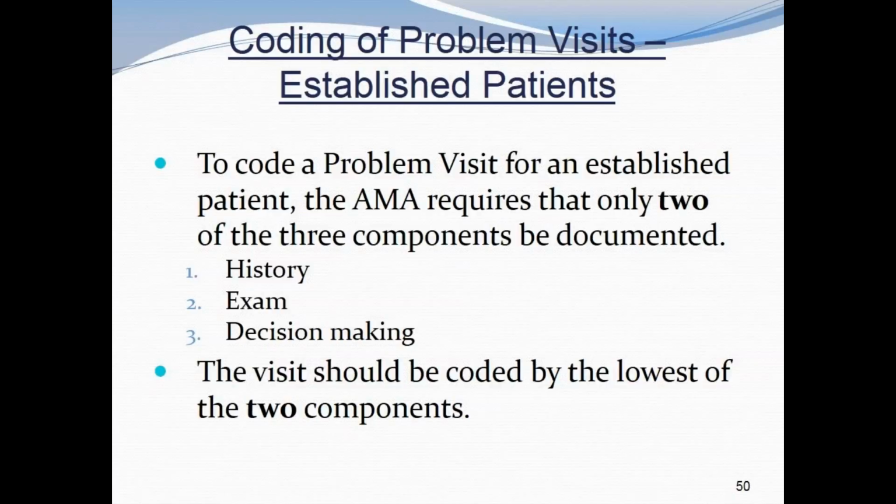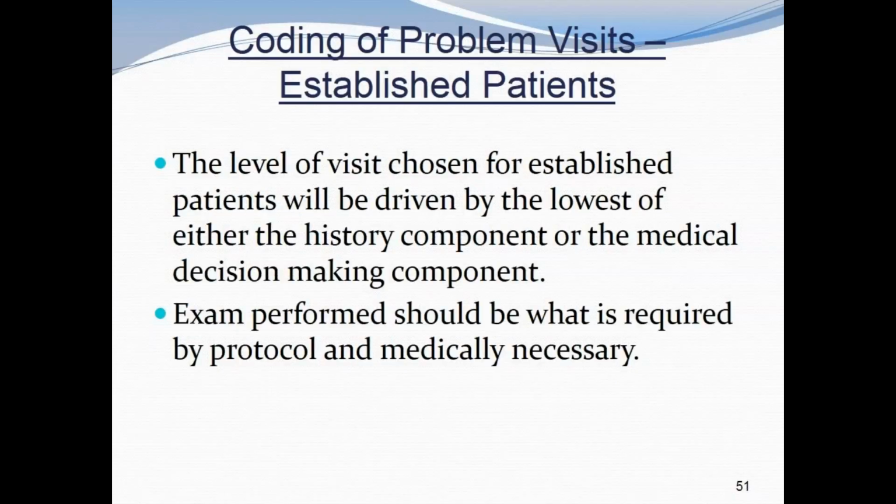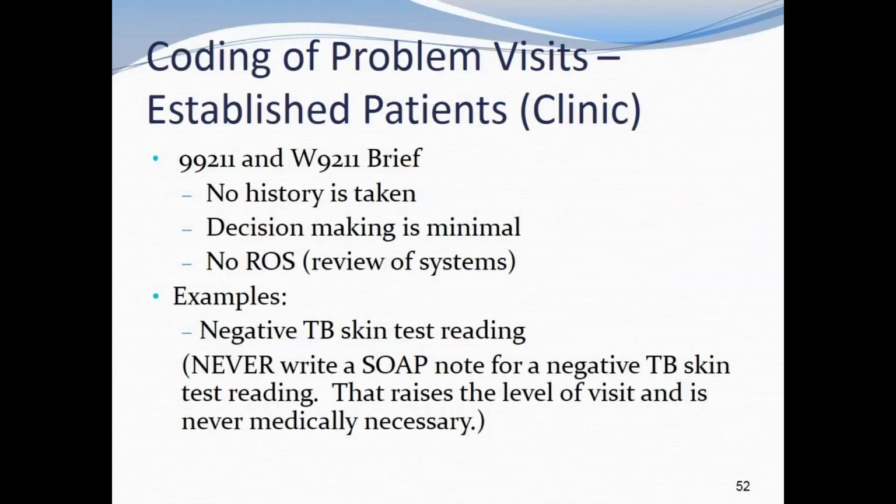Otherwise, you would have no plan for that patient. But the level of visit chosen for established patients will be driven by the lowest of either the history component or the medical decision making component. The exam that is performed should be what is required by protocol or medically necessary. So I think this is the easiest way to teach you all.